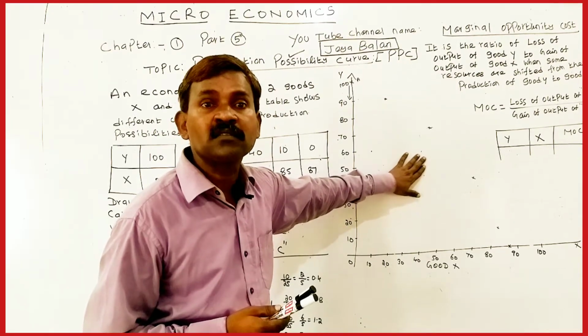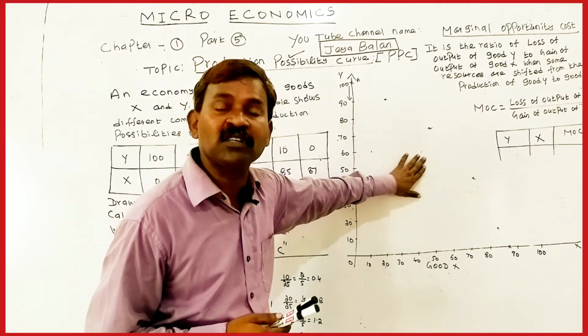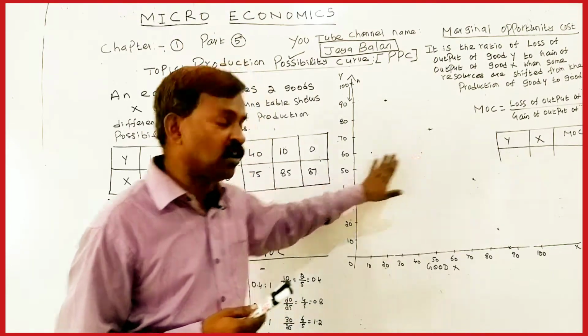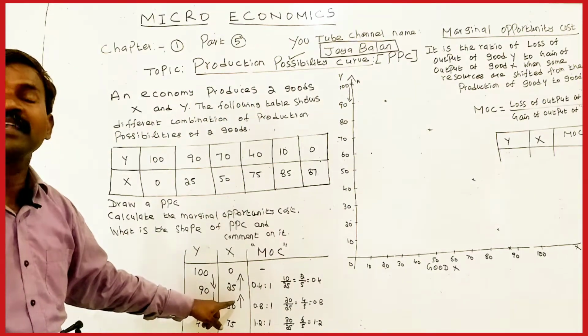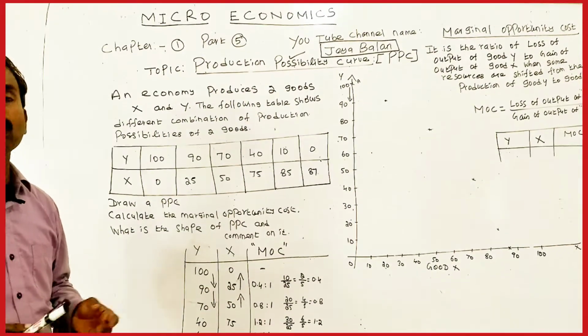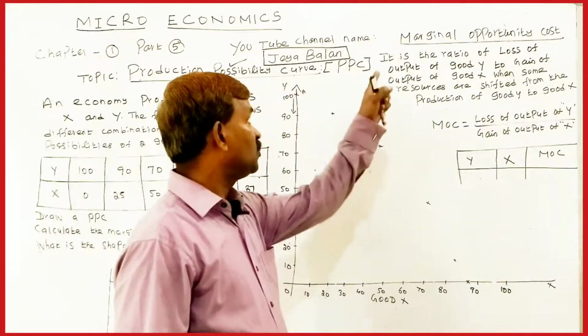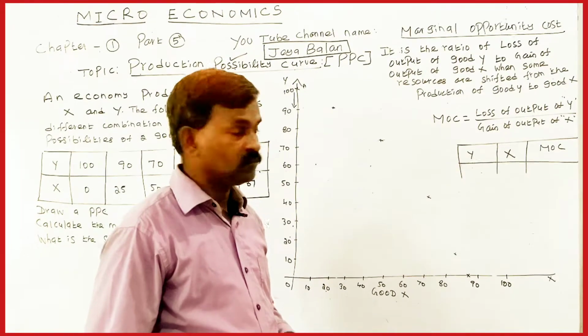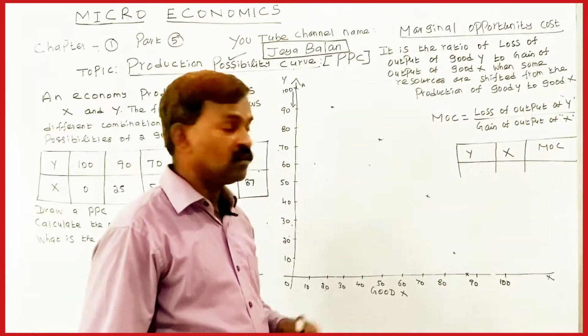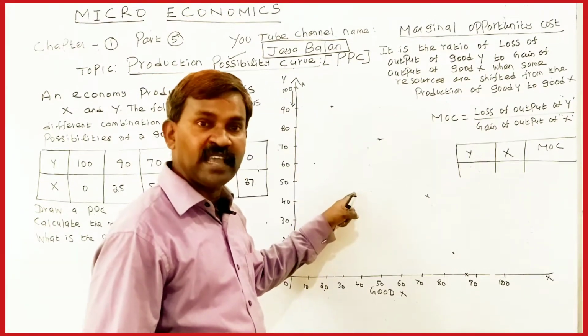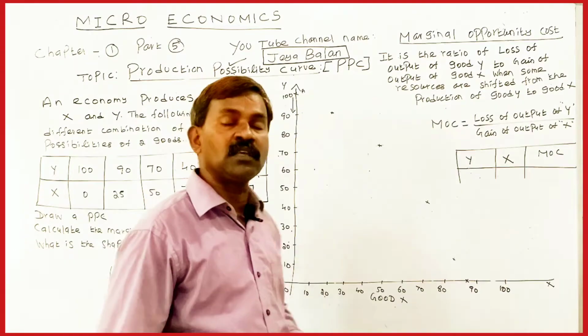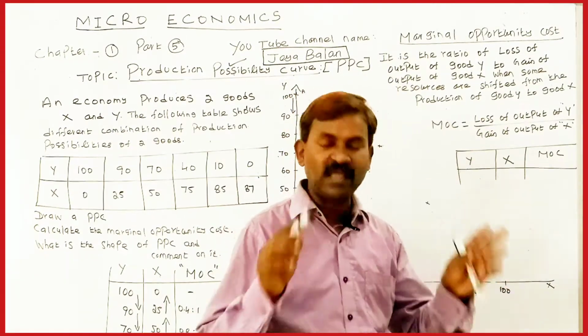At last, you have to explain the same concept by using a table with a calculation. Shall we begin? Meaning, then formula, then the diagram, and at last the table form.